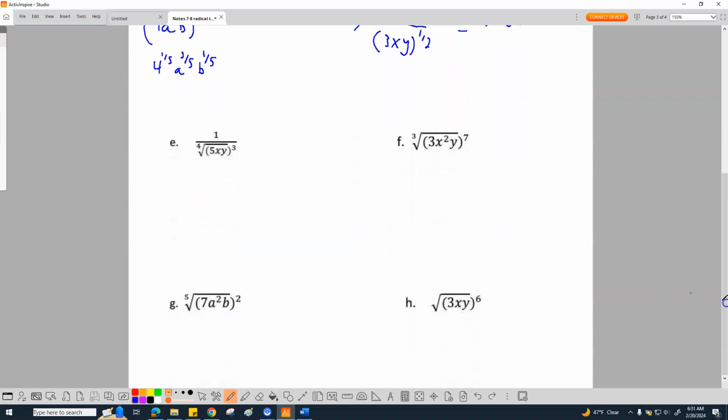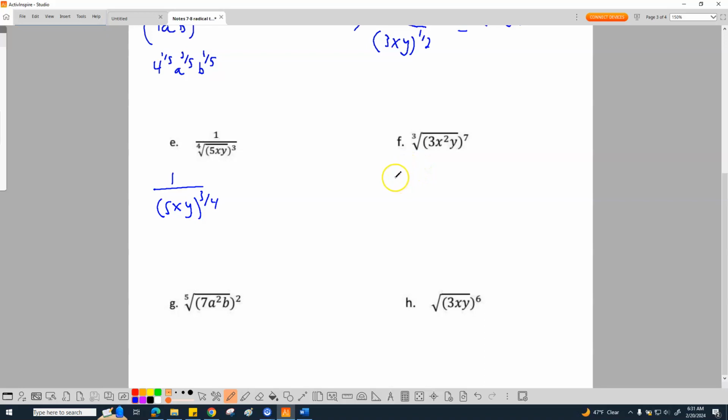Examples E, F, G. I'm just going to basically solve these out now pretty quickly. Here it goes. I'm going to write this down. 1 over, notice I have that 3 in there for you already. So this whole thing, 5x to the y, what is this, 3/4. I'm going to do this one again.